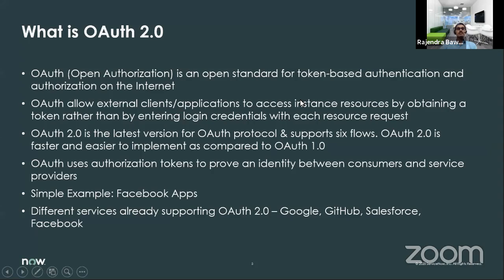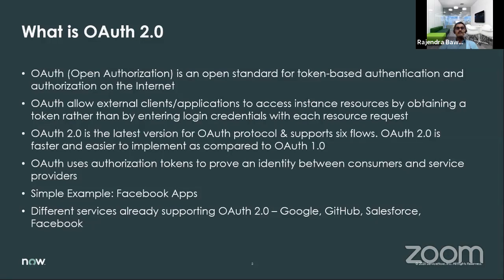So basically, what is OAuth 2.0? OAuth is open authorization. It's an open standard for token-based authentication and authorization on the internet. It allows external clients or applications to access the instance resources by obtaining a token rather than entering the login credentials with each resource request. OAuth 2.0 is the latest version of the OAuth protocol, and it supports 6 flows.